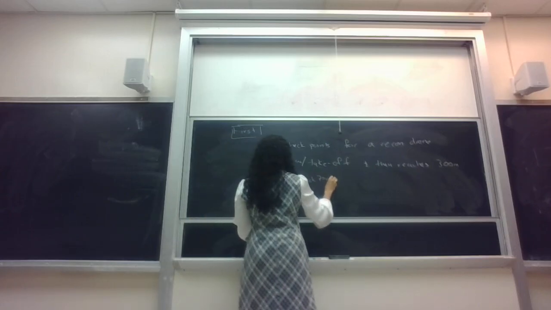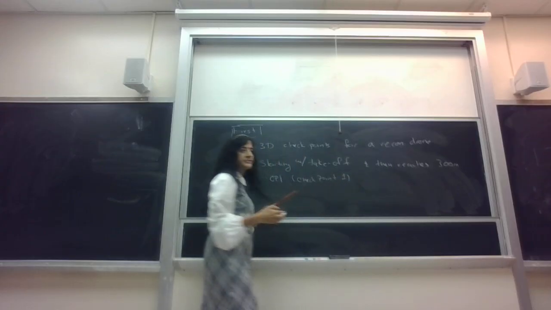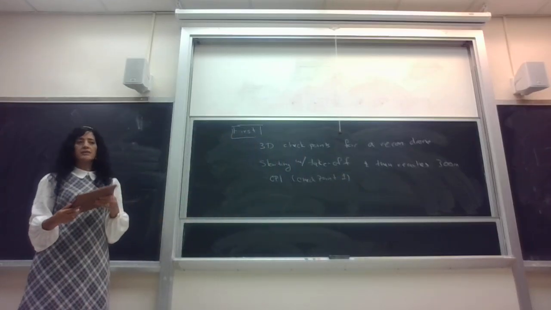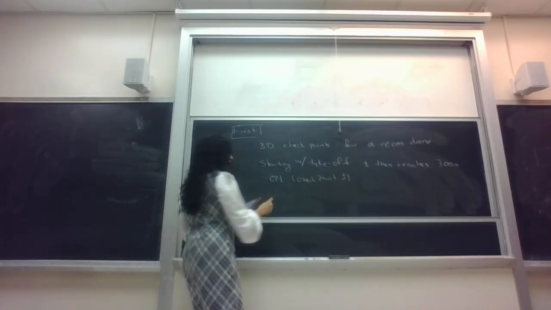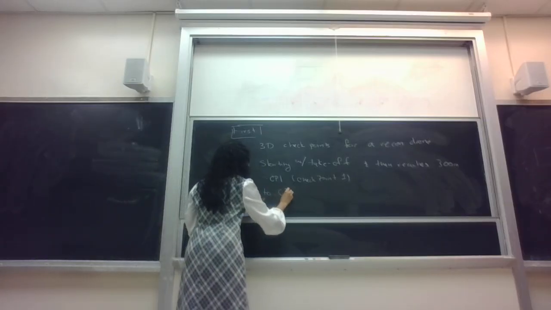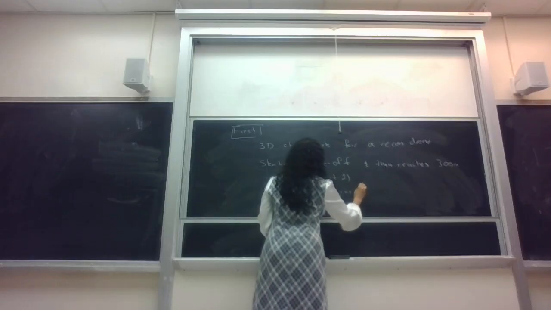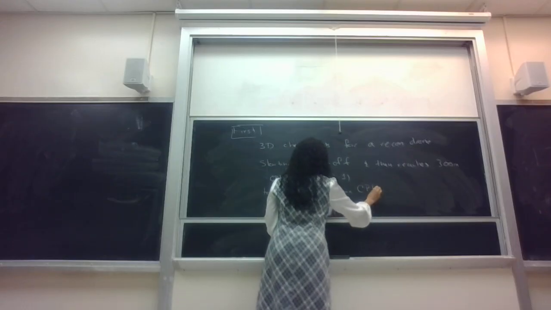That's where the story starts. And then you have a sequence. It's going to go from checkpoint 1 to checkpoint 2 to checkpoint 3, all the way to checkpoint 6.